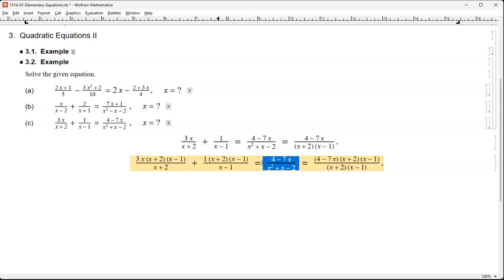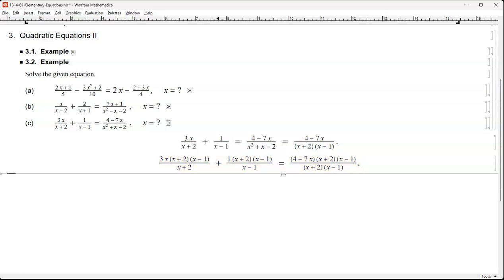We don't need this middle part, and then you can go ahead and do some simplification. X plus 2, they simplify each other out. X minus 1, same goes here, everything. So you have 3x times x plus 2, and then x plus 2, and then 4 minus 7x.